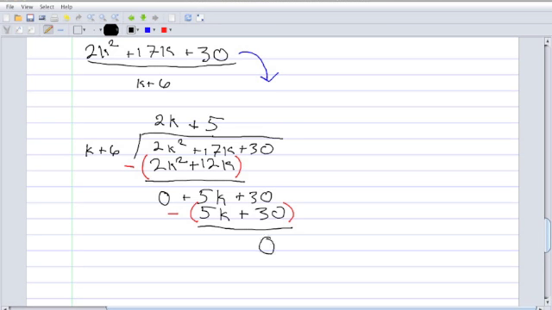So then your solution, this original thing here, is equal to 2k plus 5.